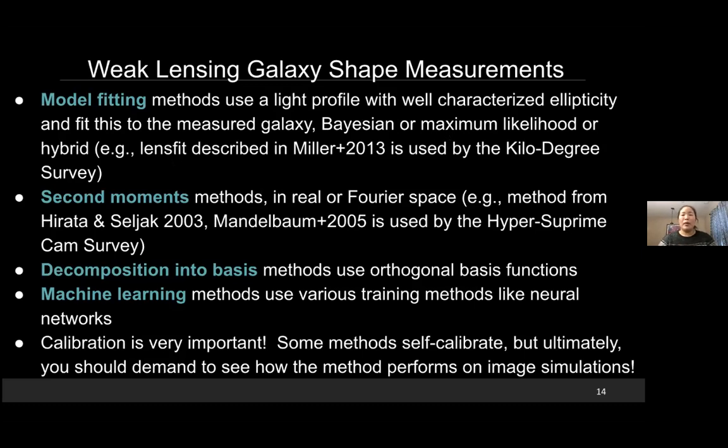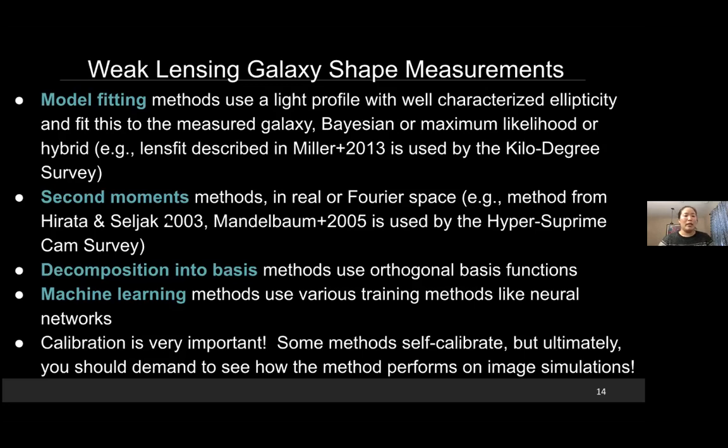The statistical approach can be different. The software used by the Kilo-Degree Survey is called LensFit, and this is a model fitting method with a Bayesian likelihood. There's also second moments methods measured in either real or Fourier space, where you're actually measuring the second light moments directly on the image of these galaxies.